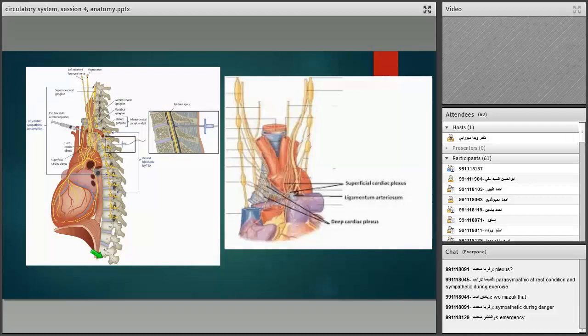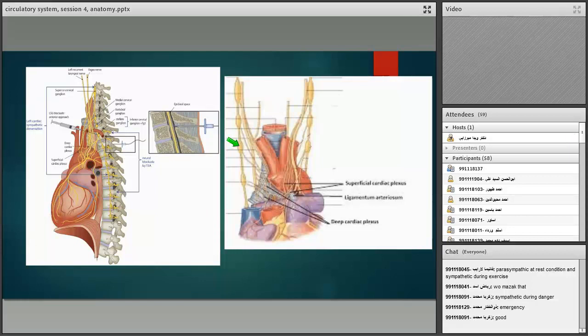Three of these ganglions are placed in the neck. We call them cervical ganglions: superior, middle, and inferior cervical ganglions of the sympathetic chain.